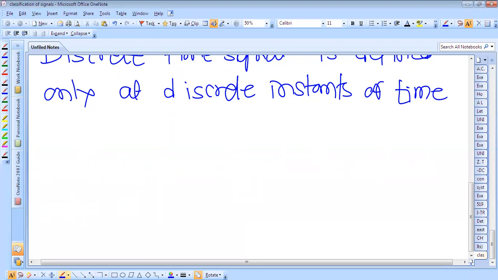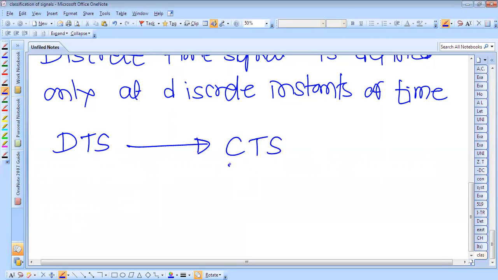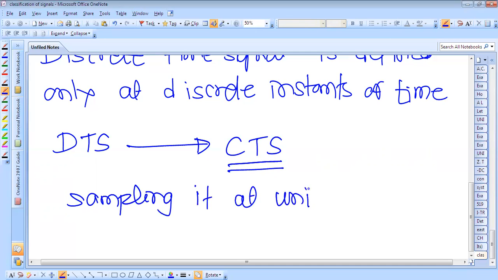So this discrete time signal is generally derived from the continuous time signal by sampling it at a uniform rate.